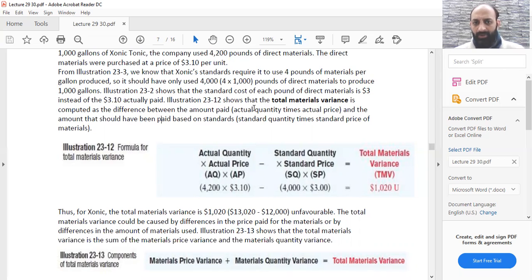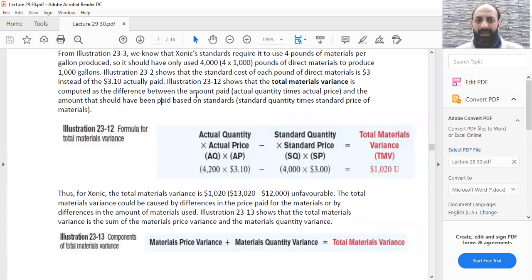Illustration 23.12 shows that the total material variance is computed as the difference between the amount paid. So what is the amount paid? Actual quantity times actual price. Because you see, material has two characteristics attached to it. One is the price, the price at which you are buying it, and the other is the quantity, the quantity of material you are using in order to make your products.